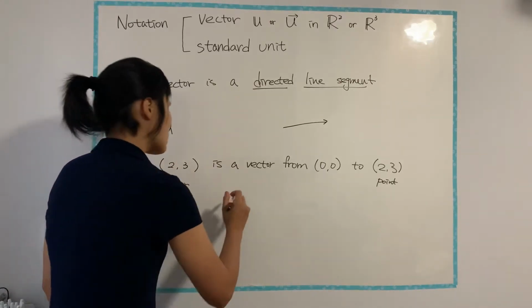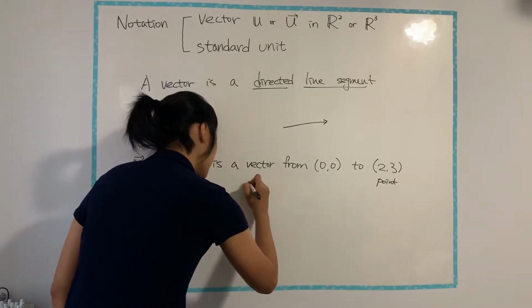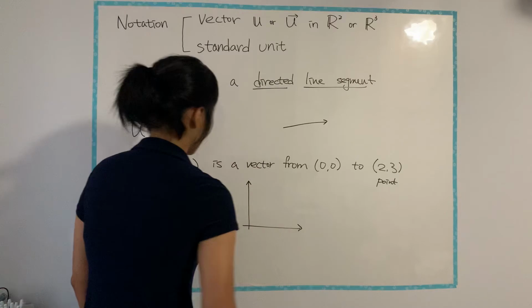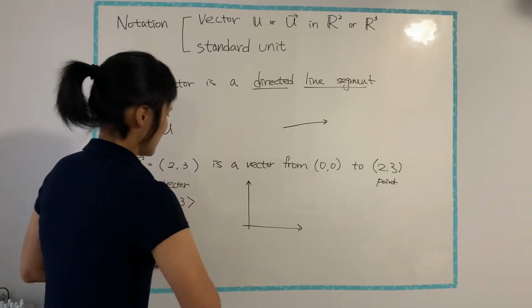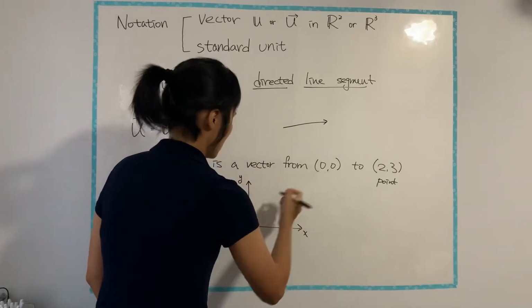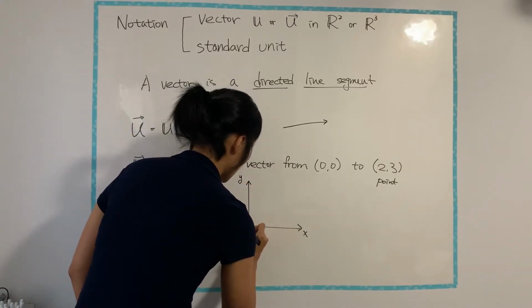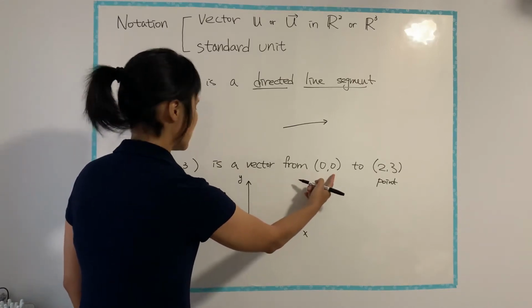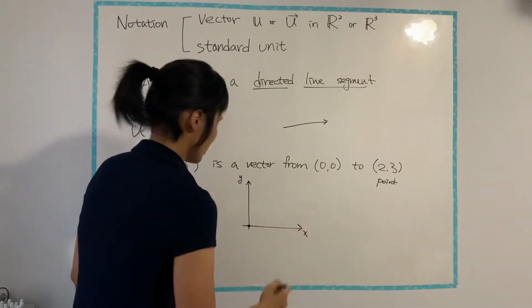All right. So if I want to plot out this vector, then what do I have? By default, it starts from the origin (0, 0), and I look for the point (2, 3).